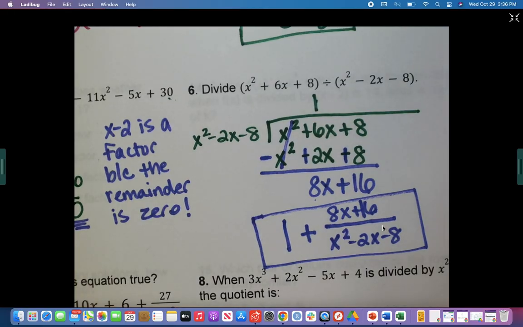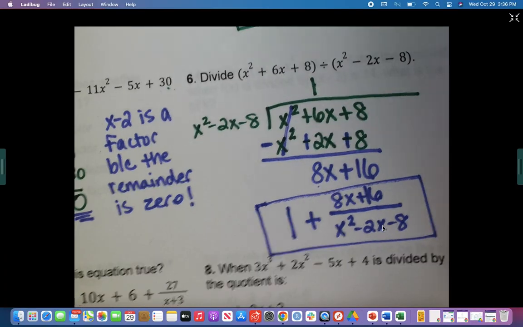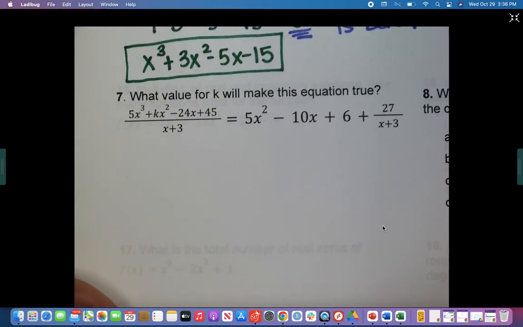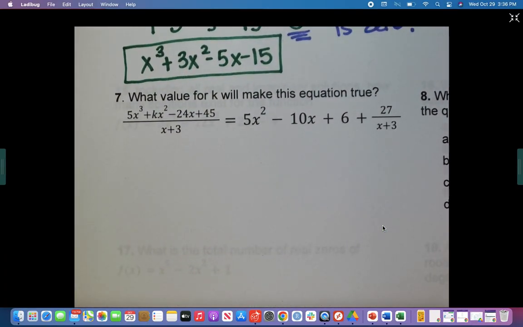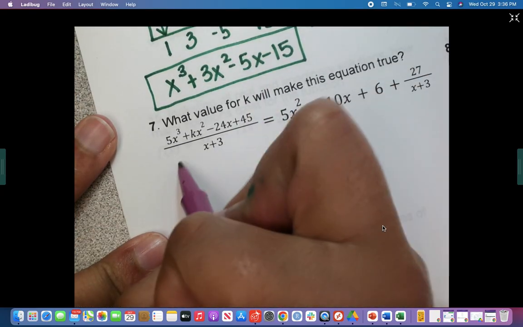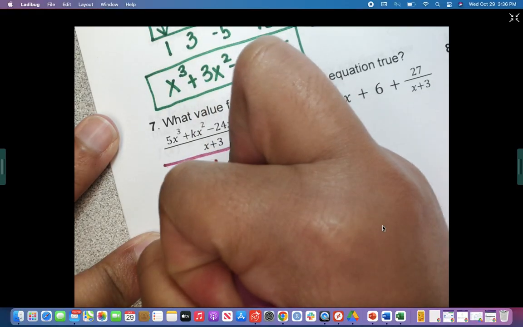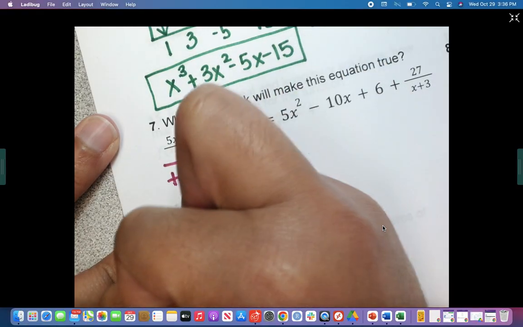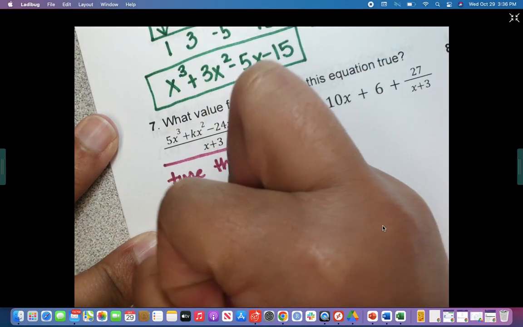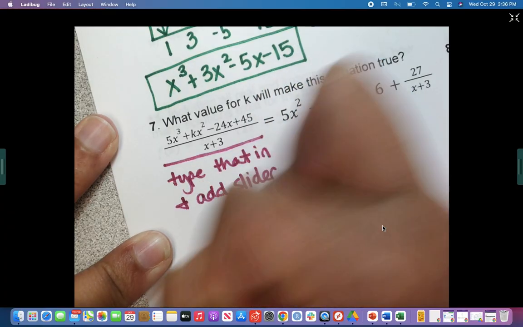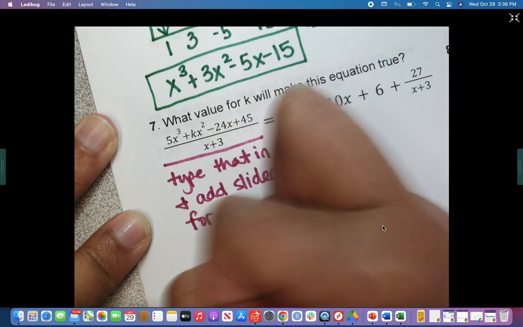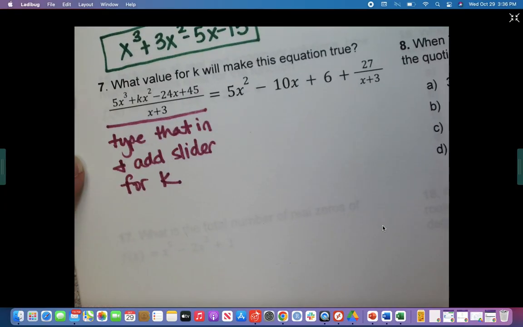All right. Number 7. So what value for k will make this equation true? There's a couple of different ways that you could do this problem. I'm going to do this problem using sliders. So we are going to type that in, add a slider for k.